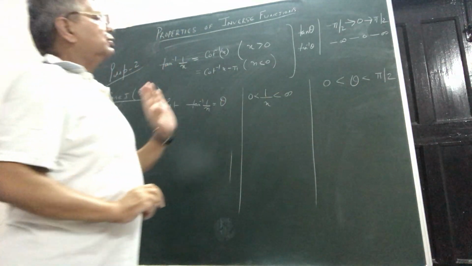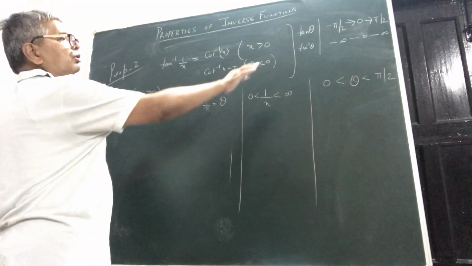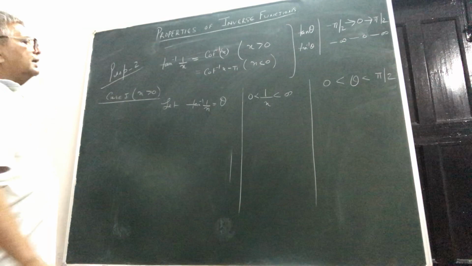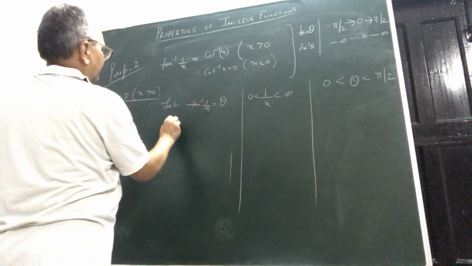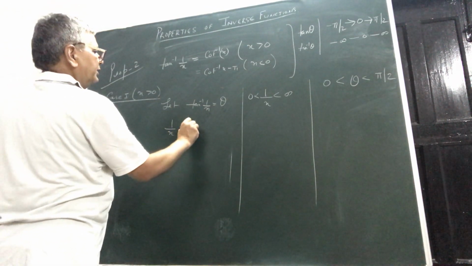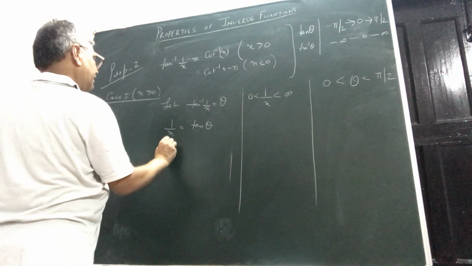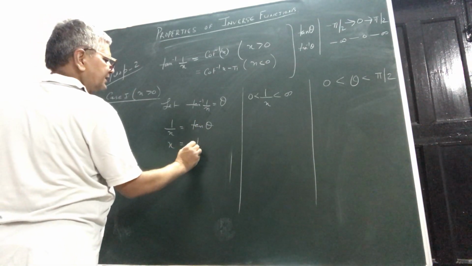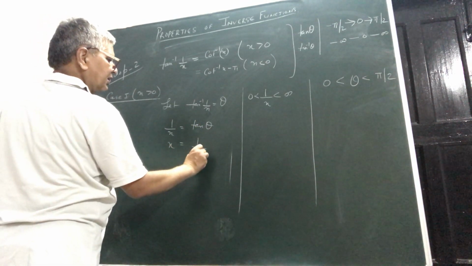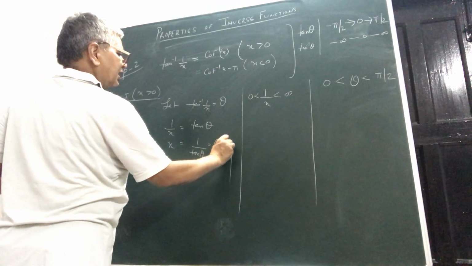So 1 by x will be tangent theta, no issues. So x will be 1 upon tangent theta, that is cot theta.